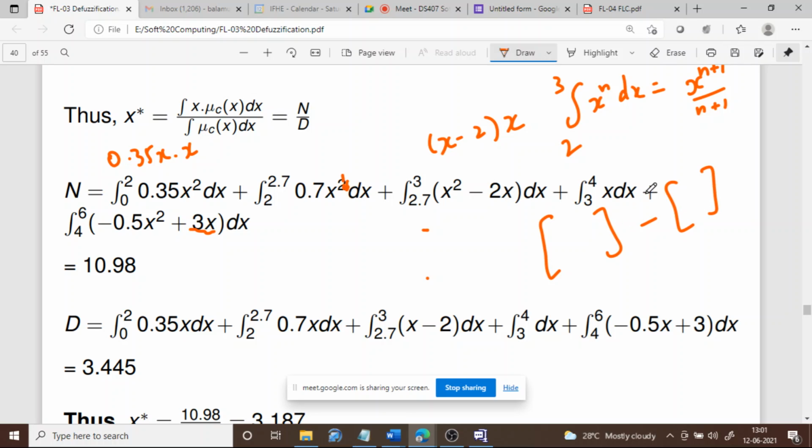That will be the result. Like that it is being done here. Everywhere apply this formula, x to the power n plus 1 divided by n plus 1, and this is the result you will get for the numerator part.